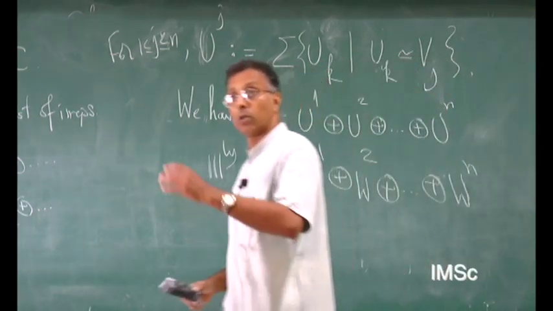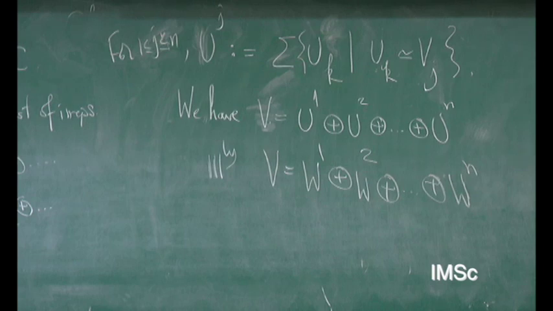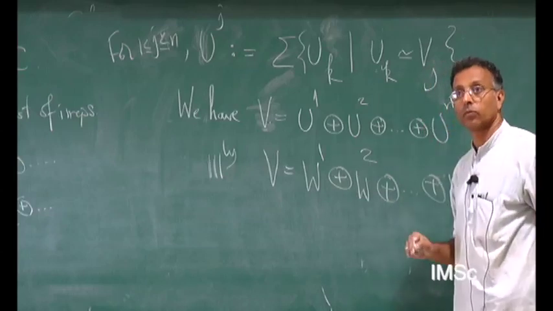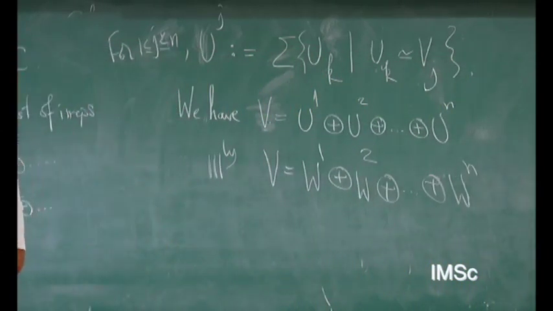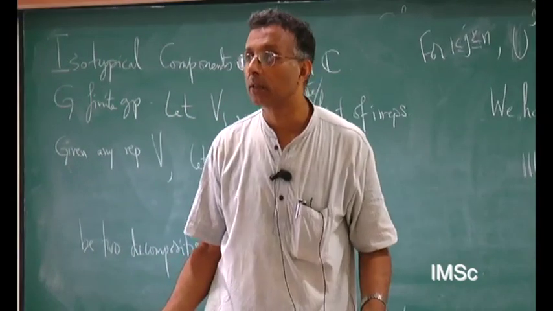See, the trivial representation is one dimensional, the sign representation is one dimensional, but they are not isomorphic as G spaces. This is isomorphism as G spaces. It could very well be that several of these have the same dimension. In fact, for an abelian group, we saw that they all have dimension 1.